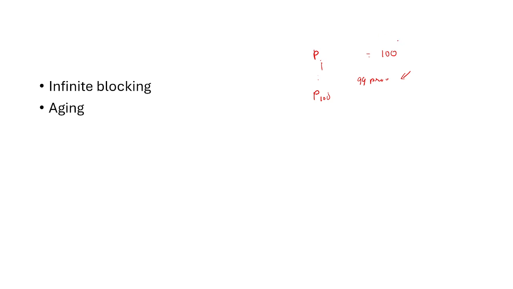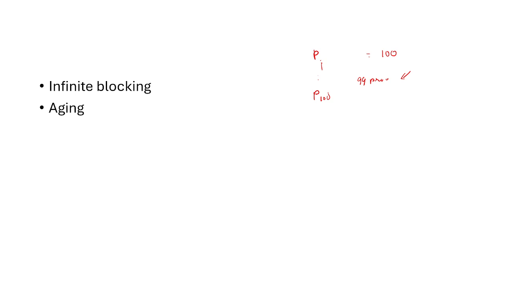So P1 never gets the chance to execute, or never gets the CPU. That is called infinite blocking. A particular process, due to its low priority, is not allocated the CPU, so it keeps on waiting in the ready queue. That is called infinite blocking.